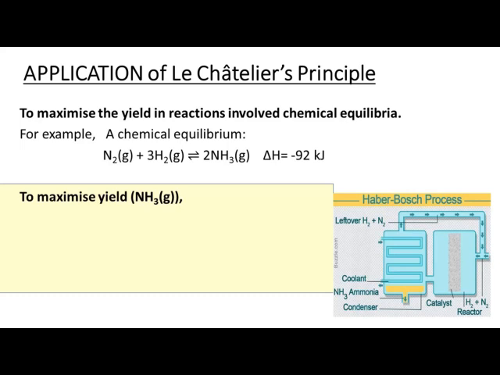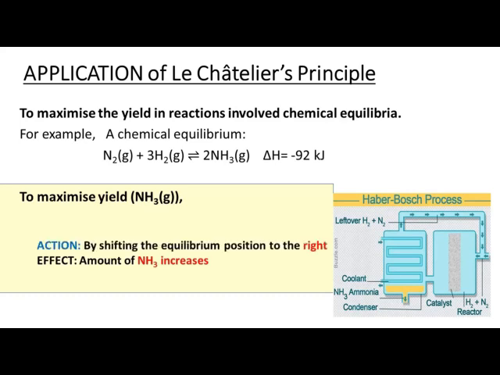For example, in the Haber process to produce ammonia, the manufacturer's aim is to maximize the amount of ammonia produced. To maximize the amount of ammonia produced, it means that the amount of ammonia must increase in the new equilibrium. To do this, the equilibrium position must shift to the right.